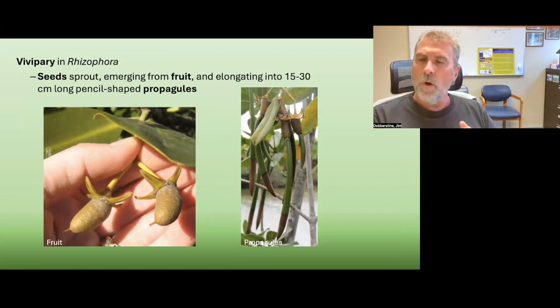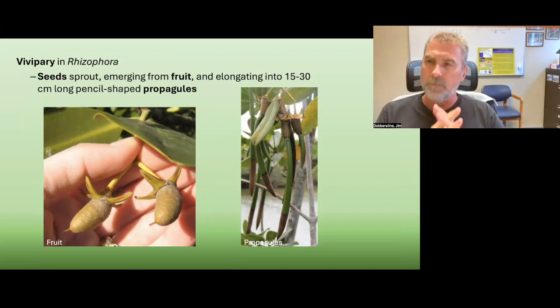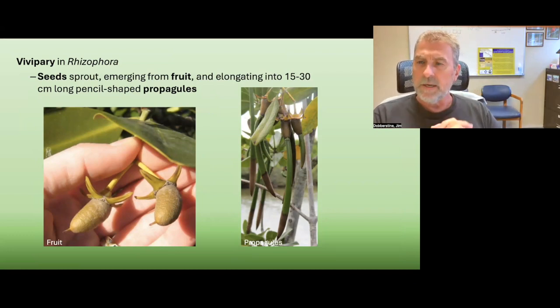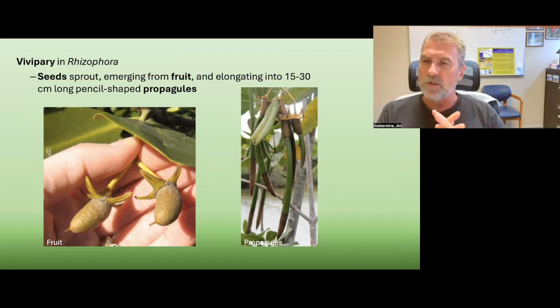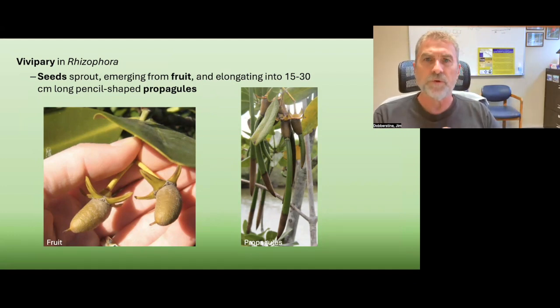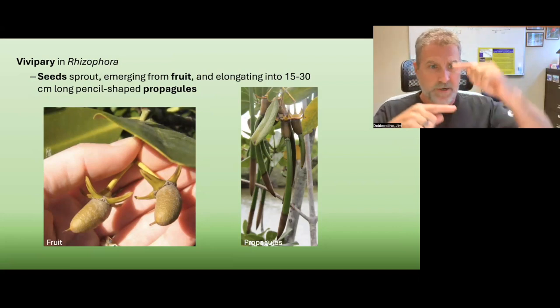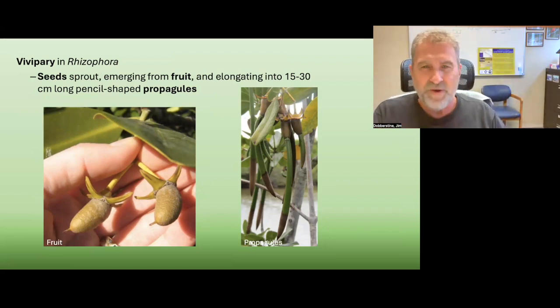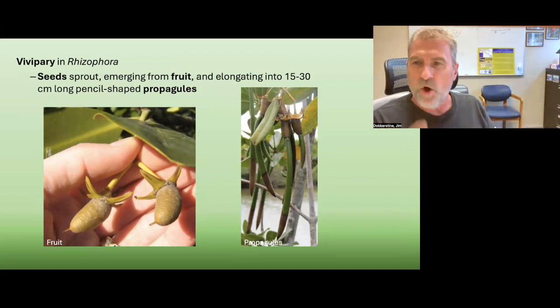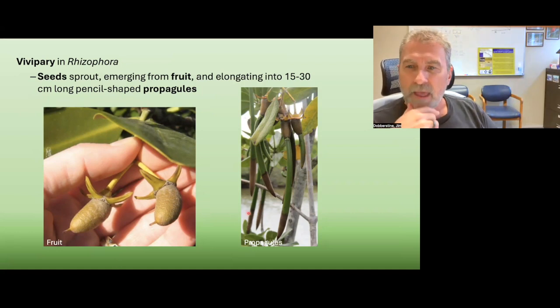Okay, so with red mangrove, you have vivipary. Here the seeds sprout and emerge from the fruit, and they elongate up to about 30 centimeters, right? See my fingers there? Yeah, okay. So about 30 centimeters into these long propagules. So you can see the fruit here in this picture on the left-hand side, and then you can see the propagules here, how they have grown out of the fruit and extended downwards.